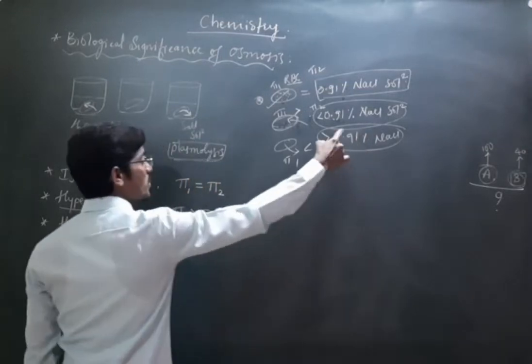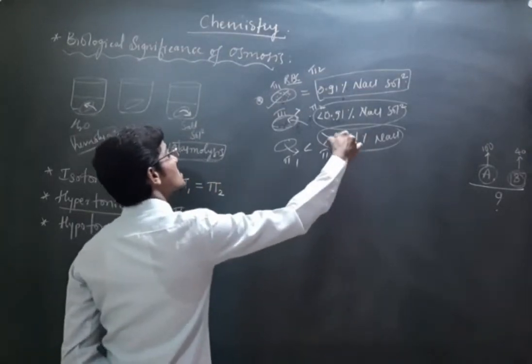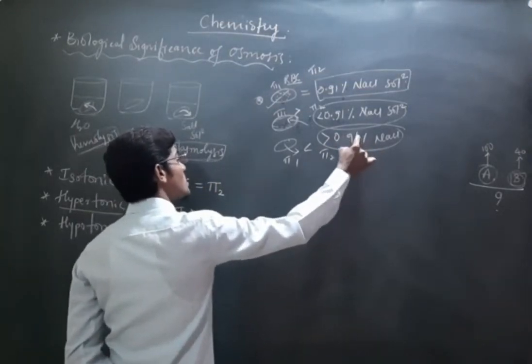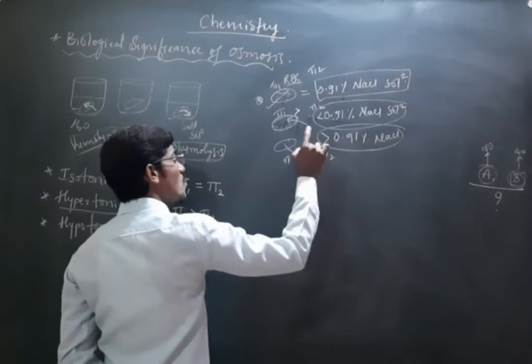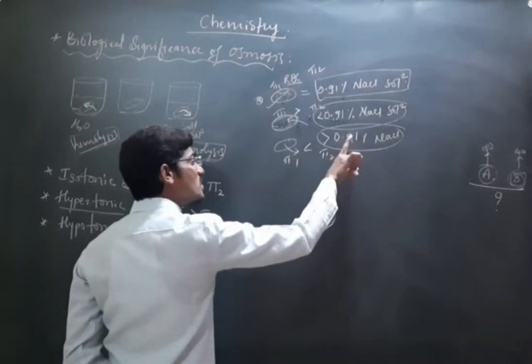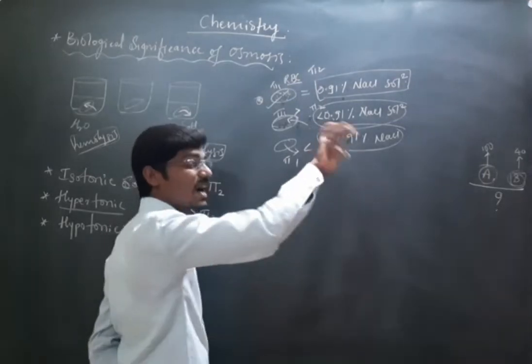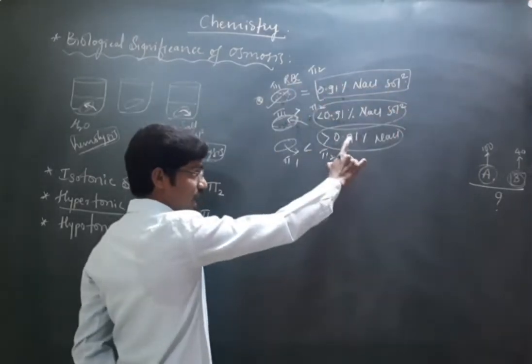Here the concentration is more, so the osmotic pressure will be more. When concentration is more, osmotic pressure is more, and when osmotic pressure is more, this is called hypertonic. Hyper means more.